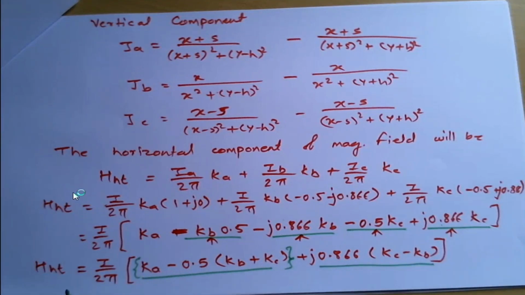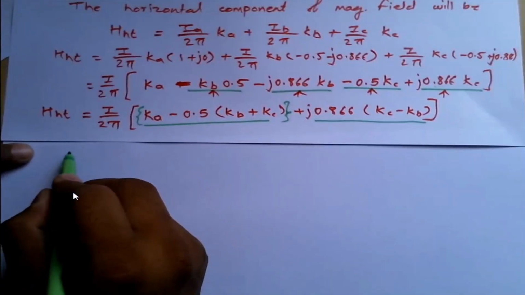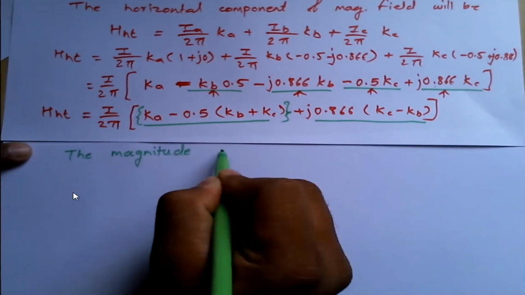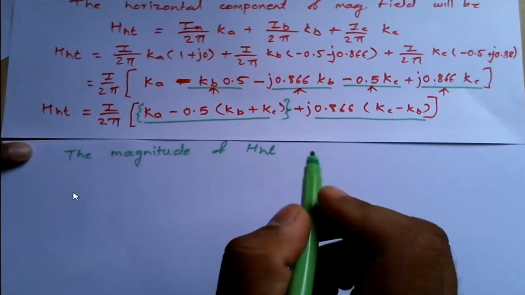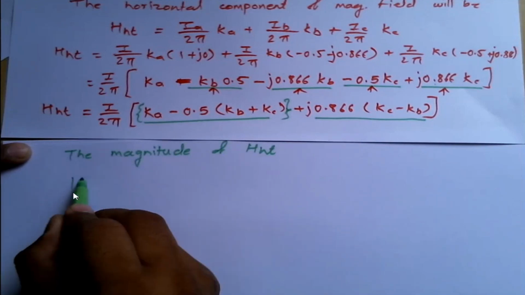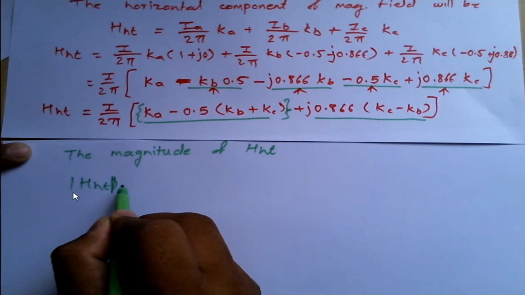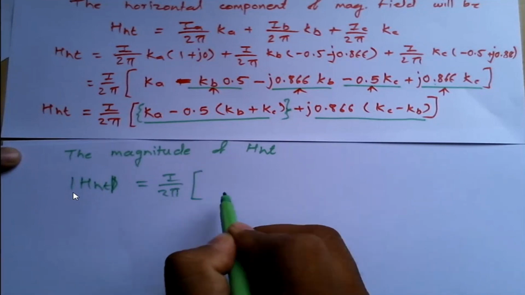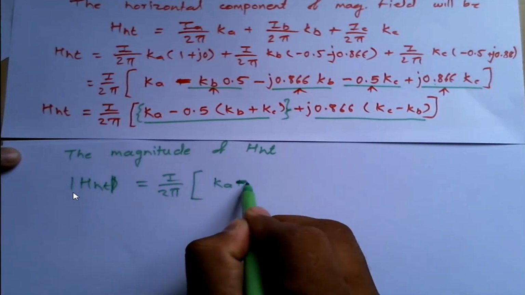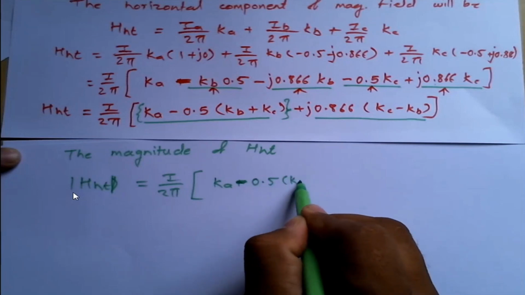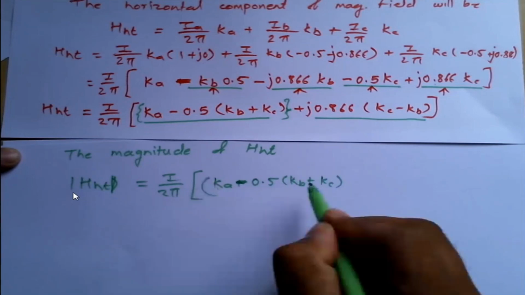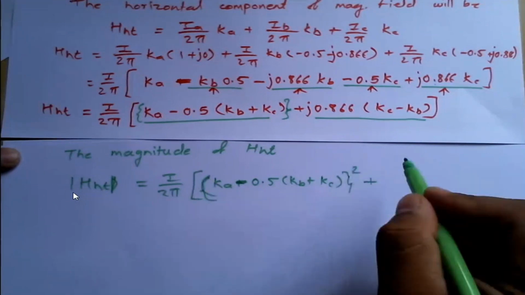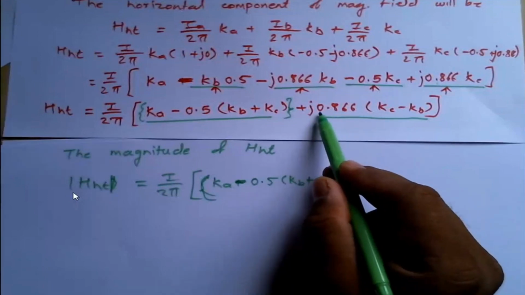So the magnitude of H of St, denoted by H of St, is equal to, taking I upon 2 pi common, Ka minus 0.5 Kb plus Kc in bracket square plus, what is the square of J 0.866?